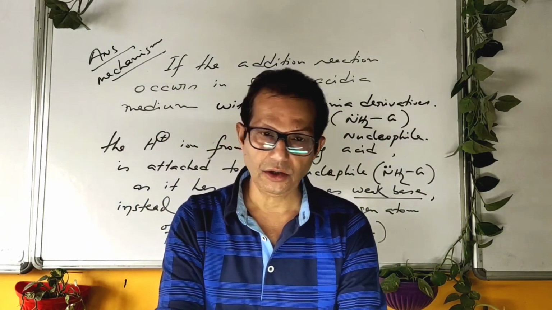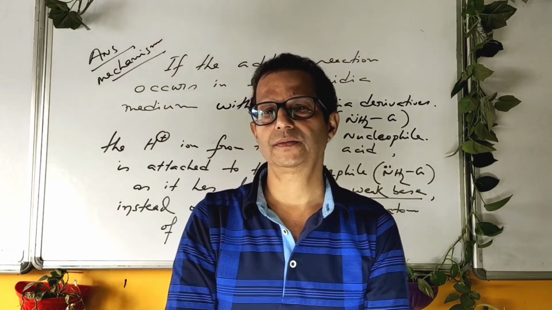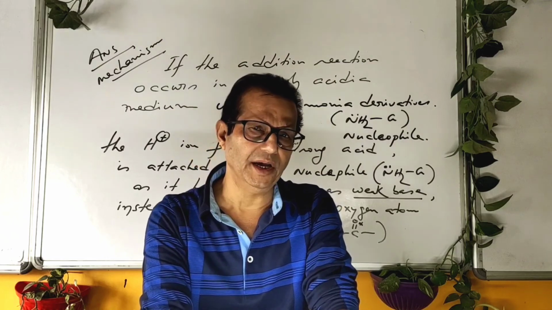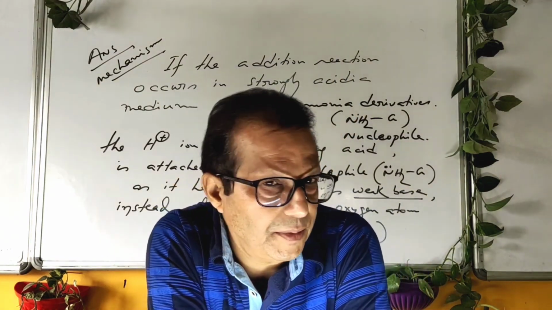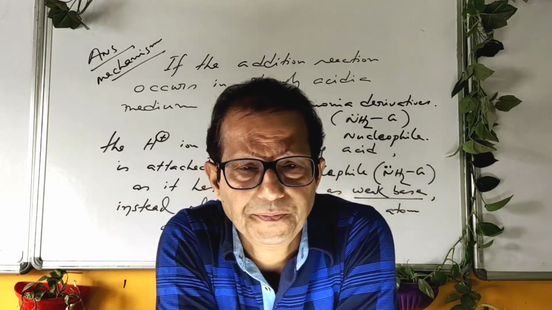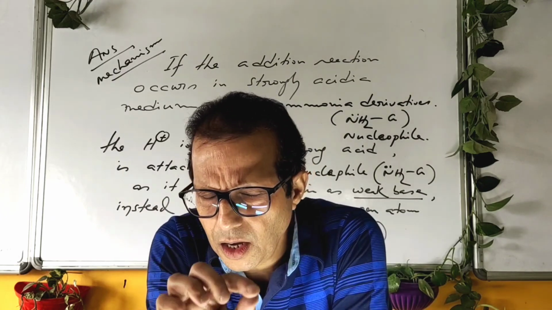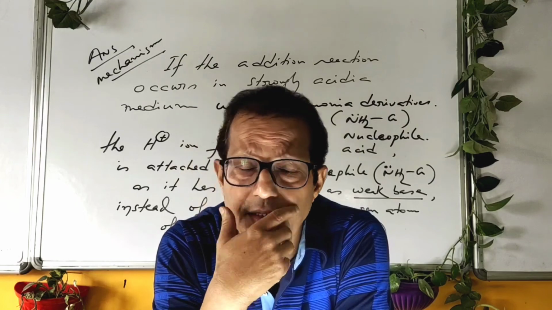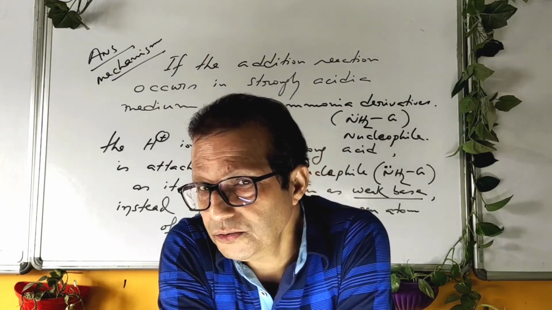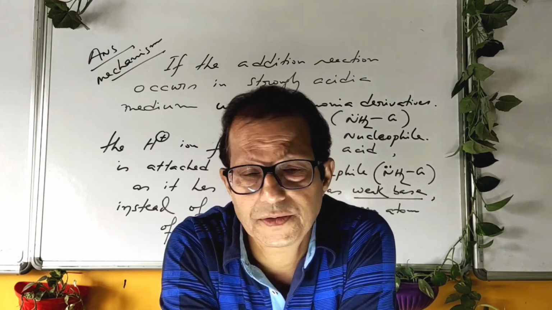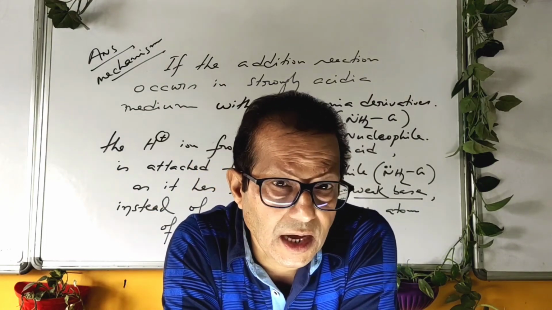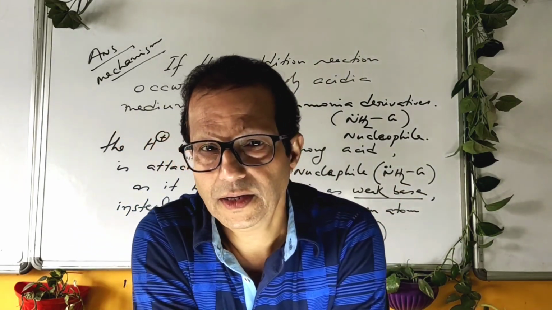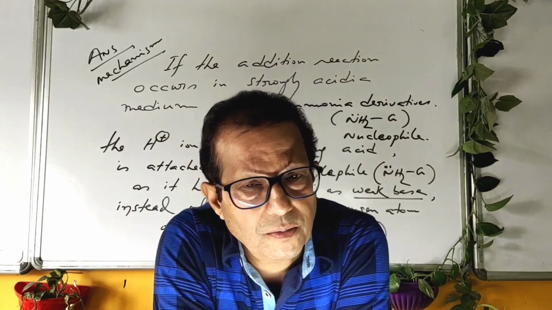But if the reaction of carbonyl compounds, that is aldehydes and ketones, with ammonia derivatives takes place in strongly acidic medium, say sulfuric acid, a strong acid, then the hydrogen positive ion furnished from the strong acid gets attached to the ammonia derivatives, as they are very weak bases and the nitrogen atom contains a lone pair of electrons, instead of attacking the oxygen atom of the carbonyl group.